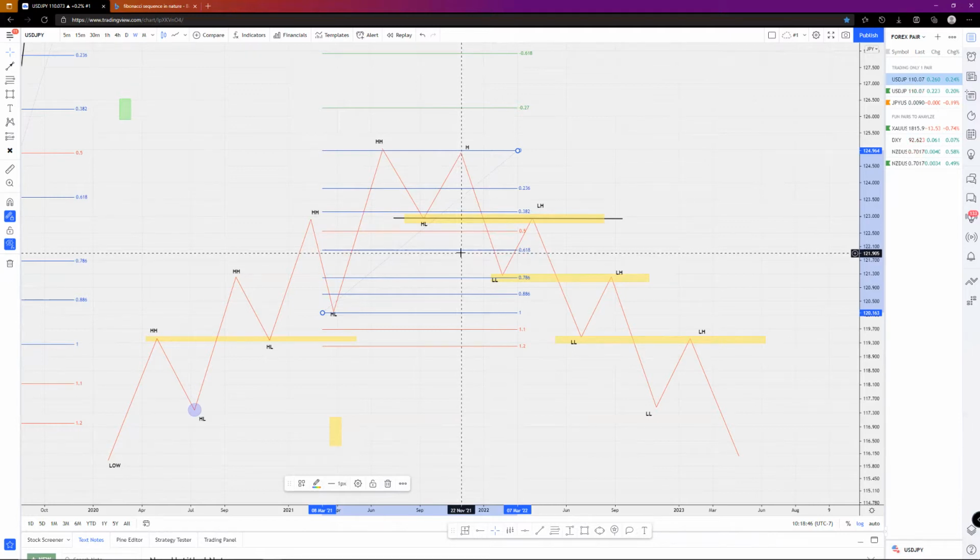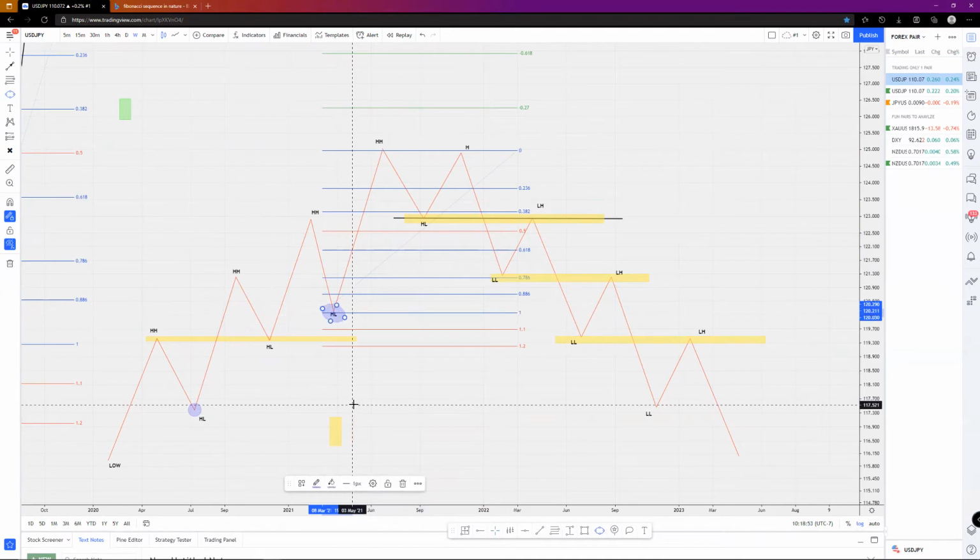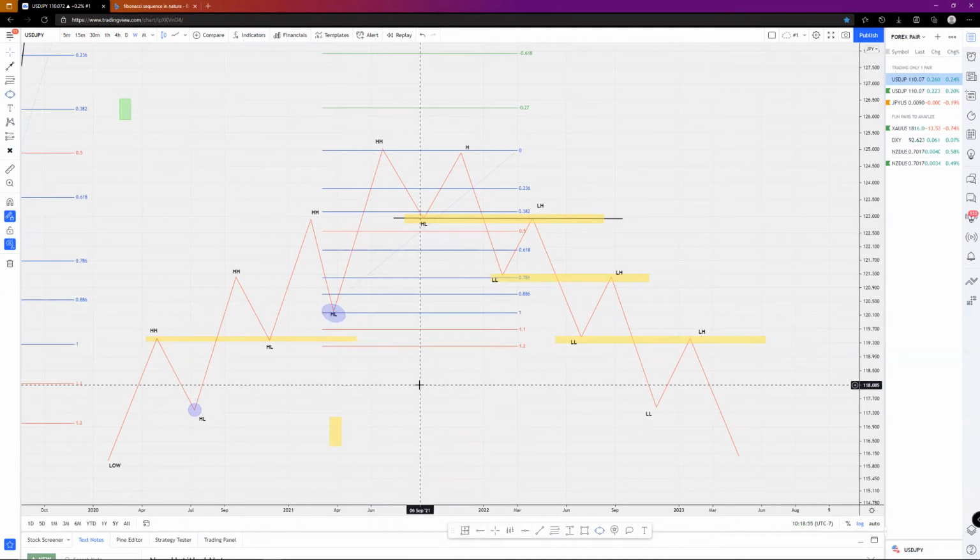So by default, you wouldn't necessarily just be analyzing, waiting for this to happen, because that's, I would say, unnecessary time to be wasting just waiting. Because at the same time, as I told you, the market could always counter trend to 786, 886, even 100%.